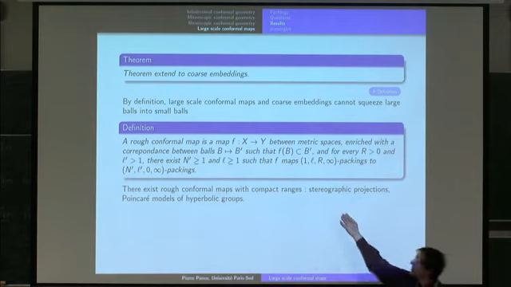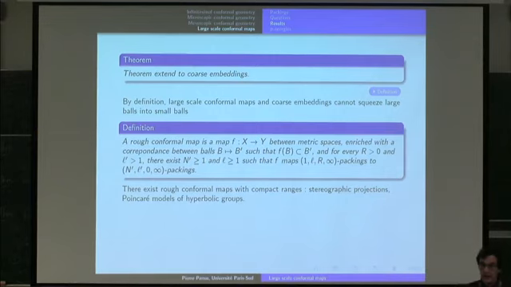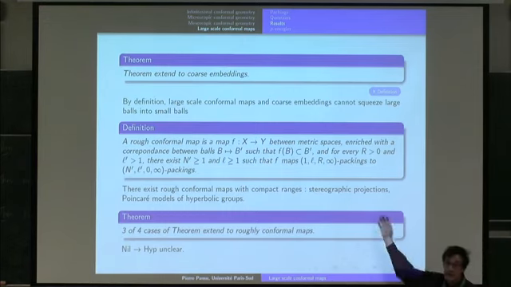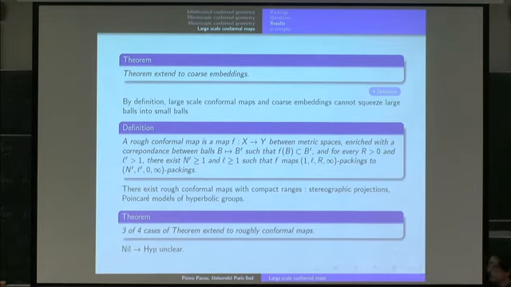The prototype is the stereographic projection, or the Poincaré model of hyperbolic groups, in some sense mapping a group to its boundary. So these are examples of roughly conformal maps. So it turns out that among the 4 cases of the theorem, 3 of them apply to this larger class of maps. Right, so that's the catalogue of results I have to offer today.